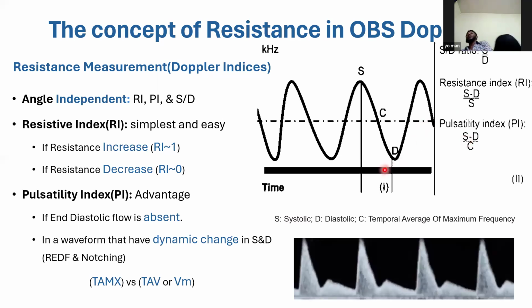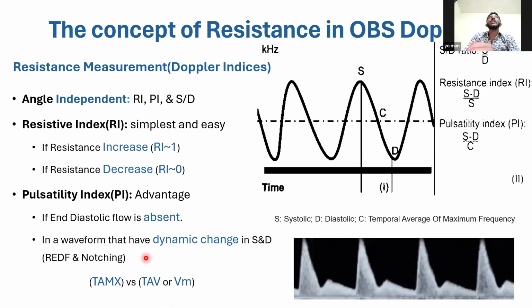There are different machines that use either TAMX or time average velocity. Both can be used to calculate the pulsatility index, but some of the latest machines use TAMX, which is my favorite.